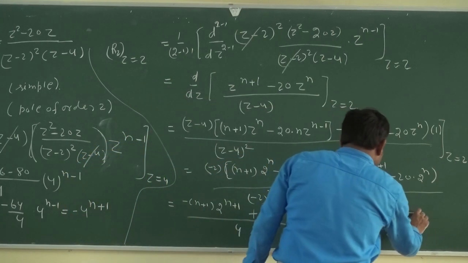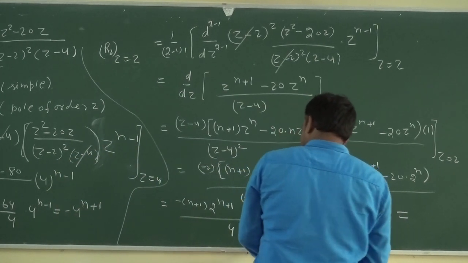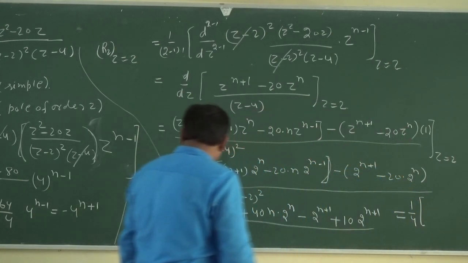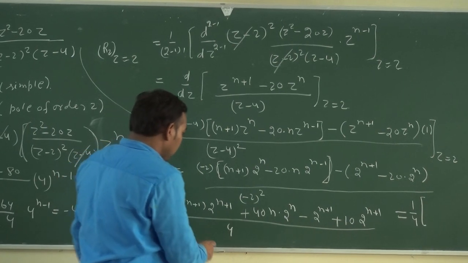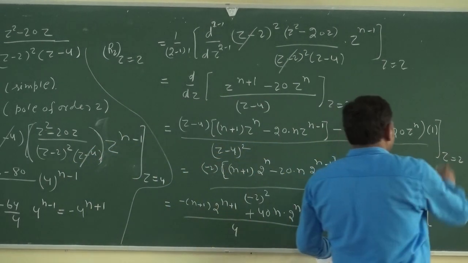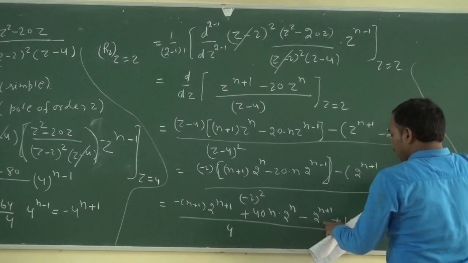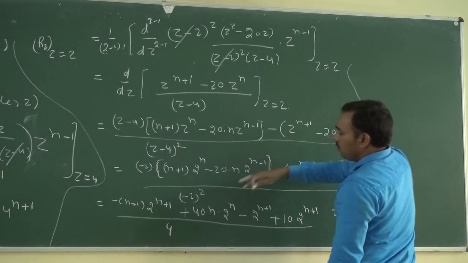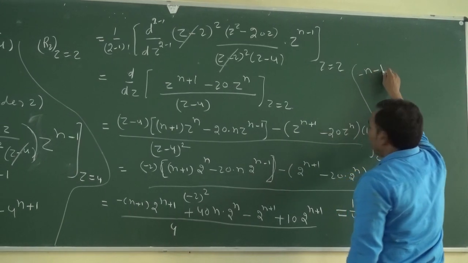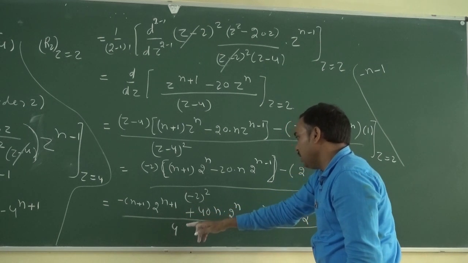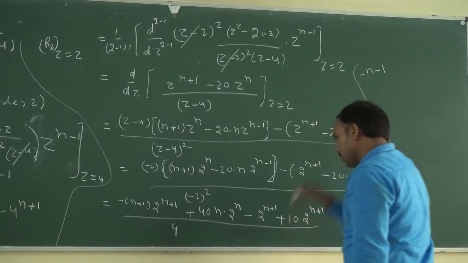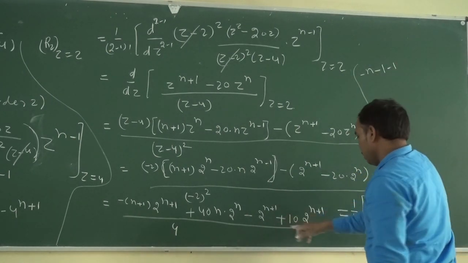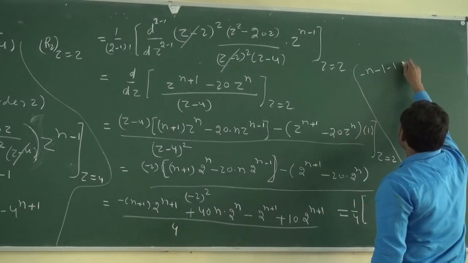So finally we can say, taking 1 upon 4 as common, and simplifying, taking 2 to the power n plus 1 as common: from this minus n minus 1, from this minus 1, and from this 10.